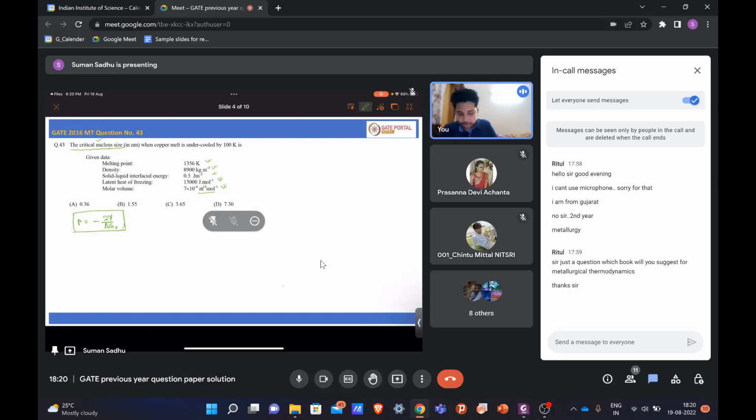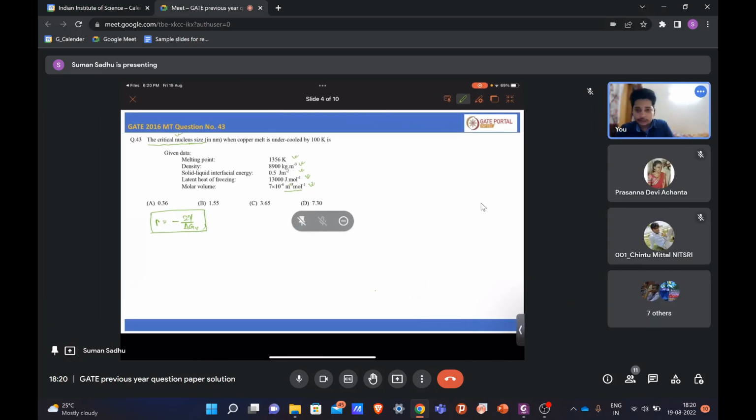Yes, you mentioned it correctly. When we undercool the liquid, what happens? In the liquid there is a random arrangement of atoms, but in the solid the regular arrangement is there. In the liquid, randomly a few portions suddenly come into a regular arrangement, and again become random.